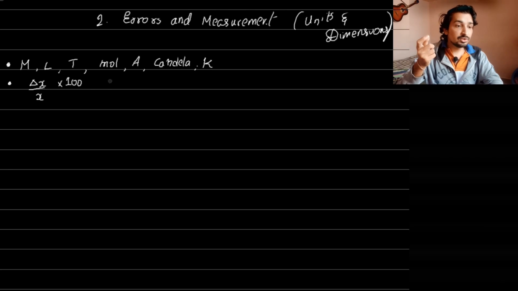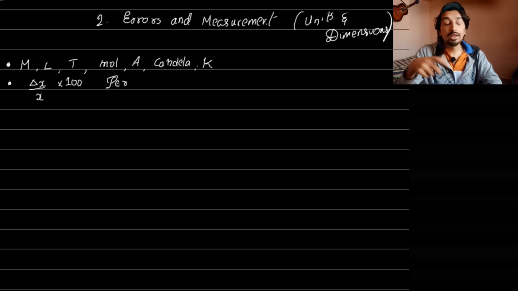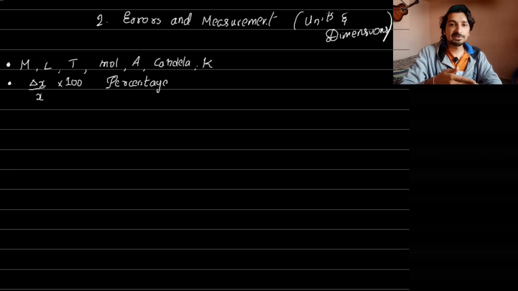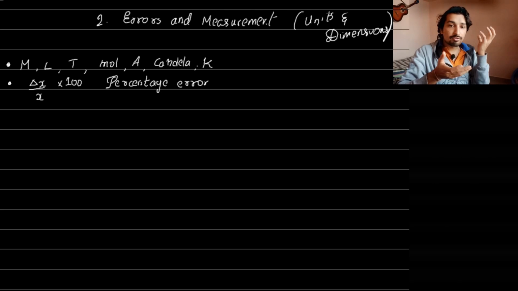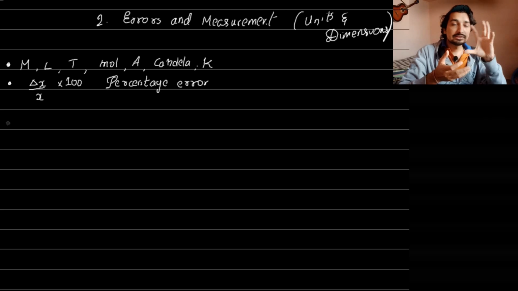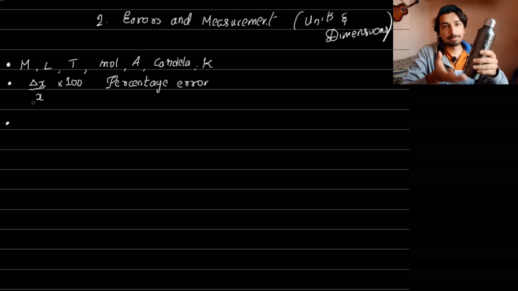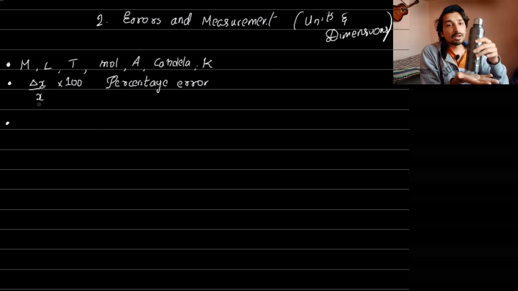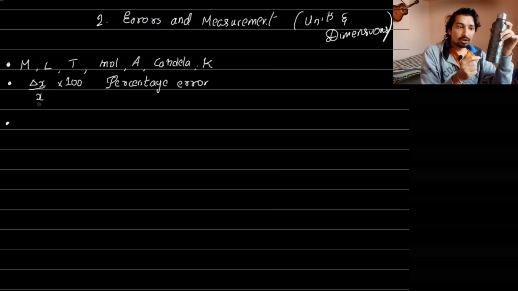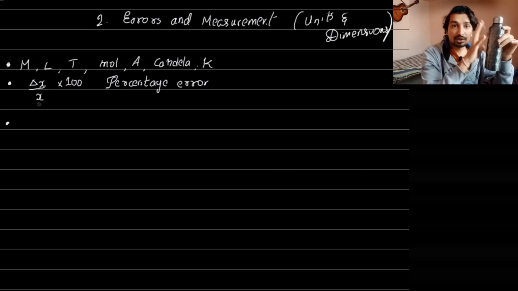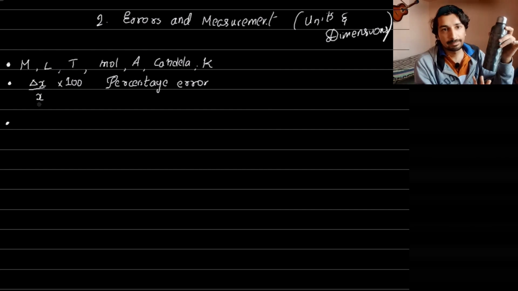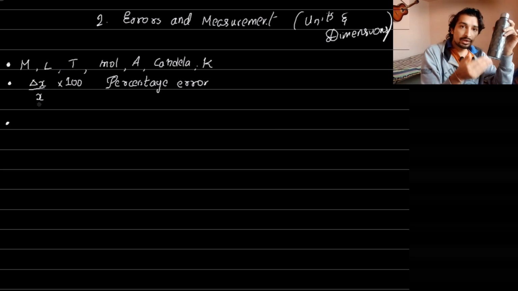And how do you find the absolute error? When they have not given you the error of a quantity, how do you find it? In that situation, you take many measurements and take the average of all the measurements. You measure a quantity again and again. For example, I measure the weight of this bottle 2-3 times, add all the readings and take the average. Different times I got different readings, for example 10.1, 10.2, 10.3.